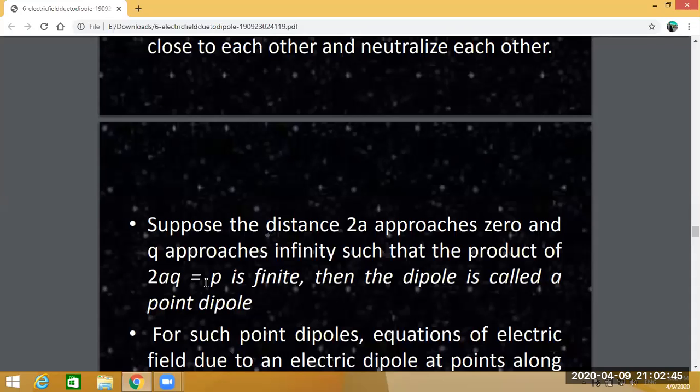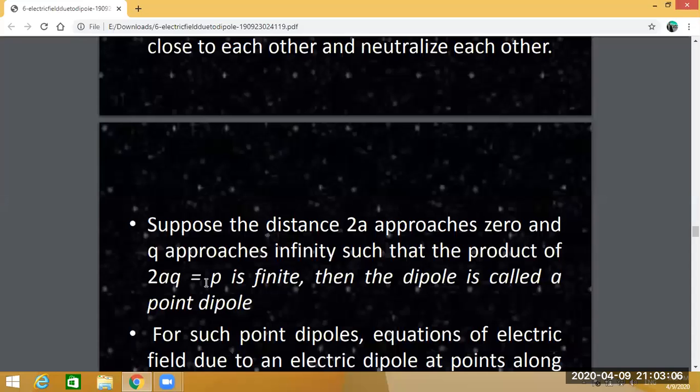A dipole having zero dipole moment is a point dipole, because in the previous case I have told you even a single point charge will behave as a dipole, but its dipole moment will be zero. So here also dipole moment is zero. That's why this is a point dipole.